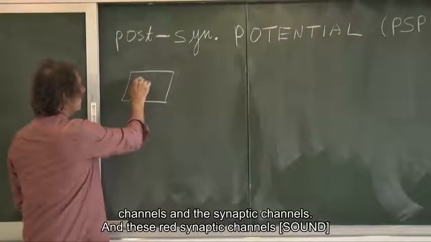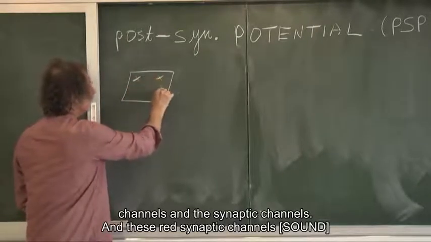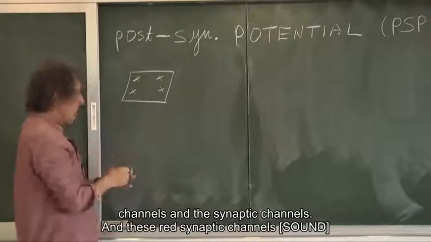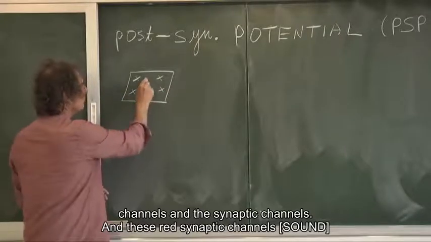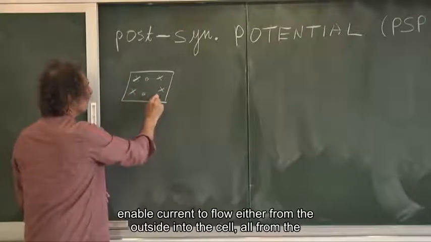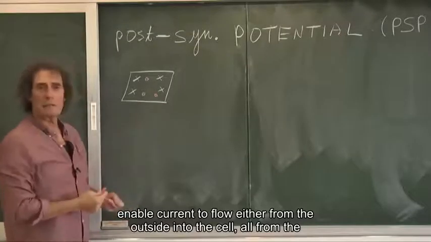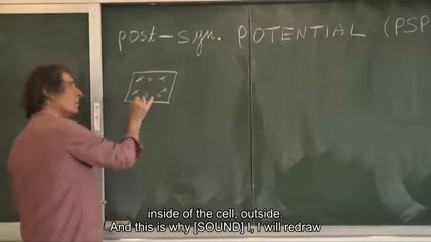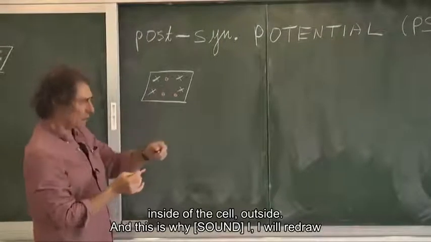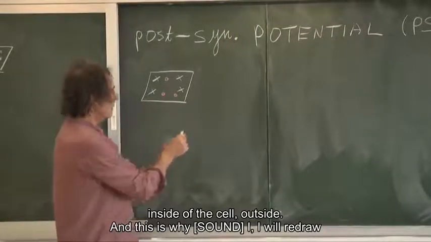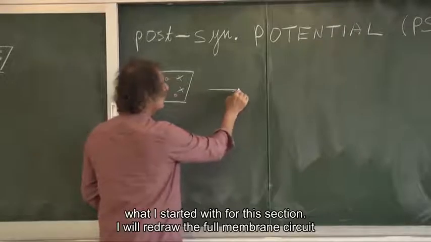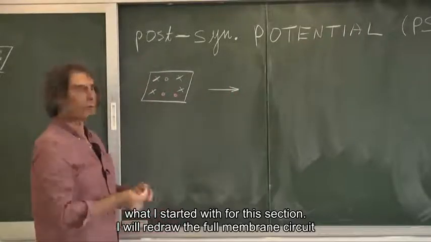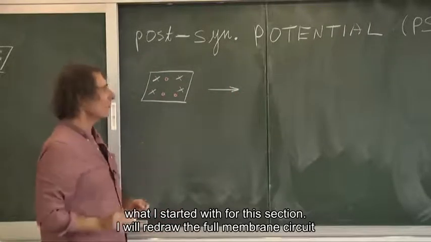This membrane has both the passive channels and the synaptic channels. And these red synaptic channels enable current to flow either from the outside into the cell or from the inside of the cell outside. And this is why I will redraw what I started with for this section.